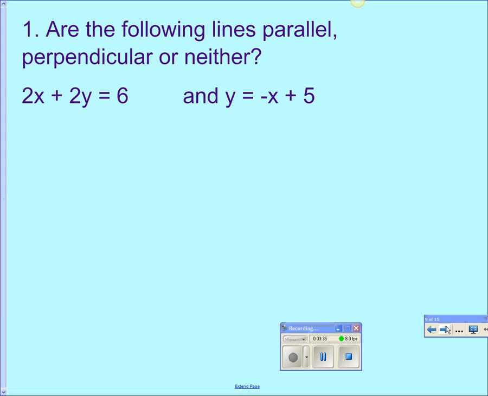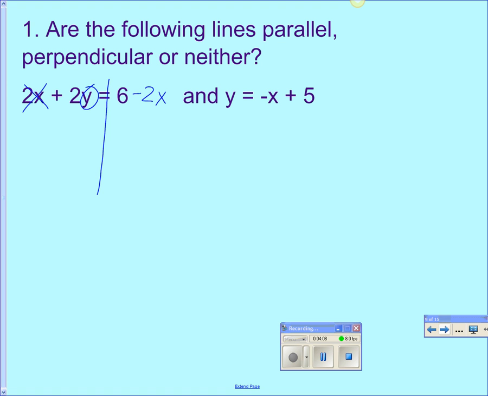Okay. So are the following lines parallel, perpendicular, or neither? Remember, in this class, anytime you see a line in this format, it's called standard form. Anytime we see a line like this, we need to draw our line and circle Y every time and solve it. Okay. Zach, what moves to the other side? And it becomes? Natasha, what else do you do?